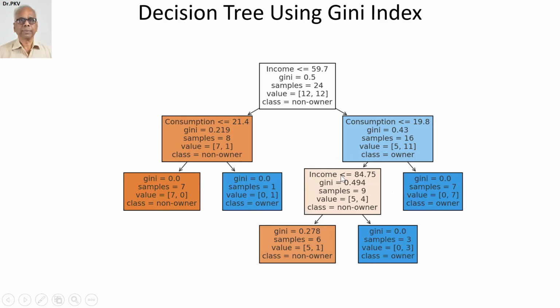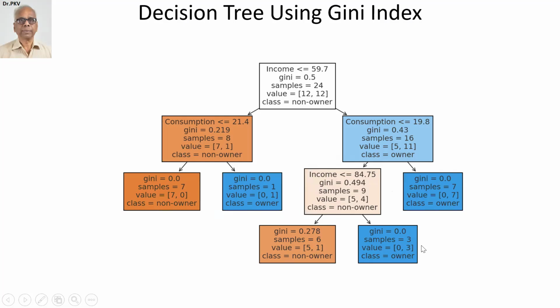Now, the income is less than or equal to 84.75. Yes, no. Then what happens here is I get a Gini 0.278, samples is equal to 6, value 5, 1, class is equal to non-owner because the number of non-owner is larger than 1. This is 5 is larger than 1.